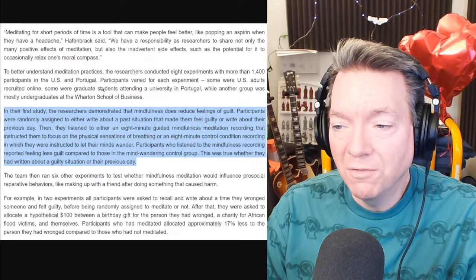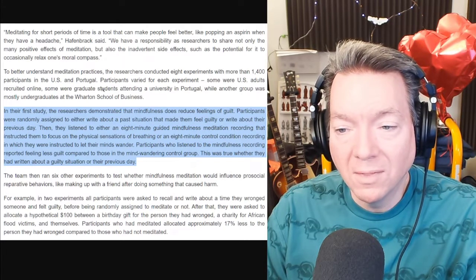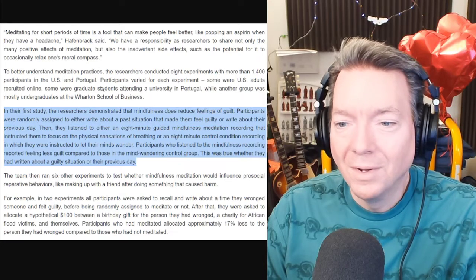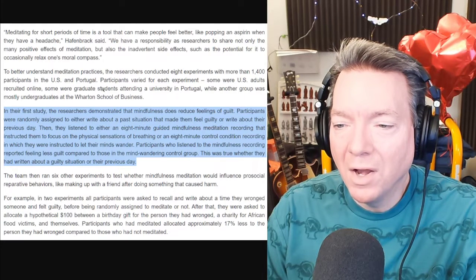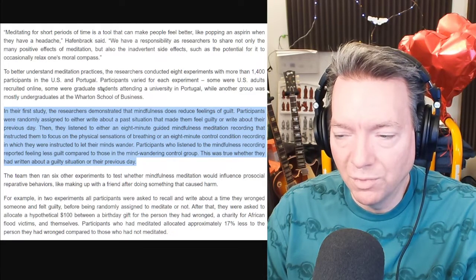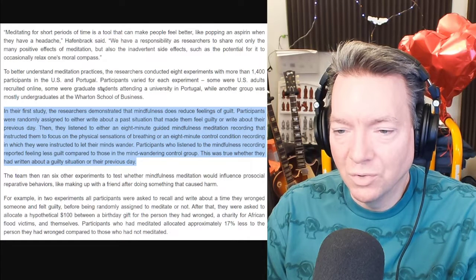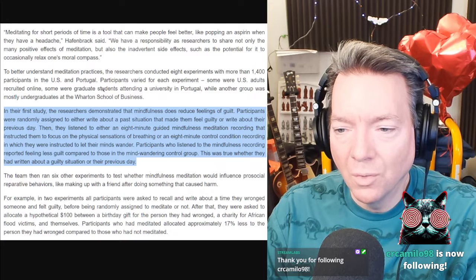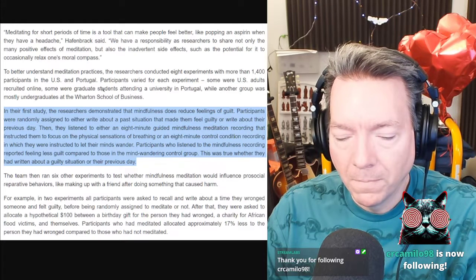Participants who listened to the mindfulness recording reported feeling less guilt compared to those in the mind-wandering control group. This was true whether they had written about a guilty situation or their previous day.